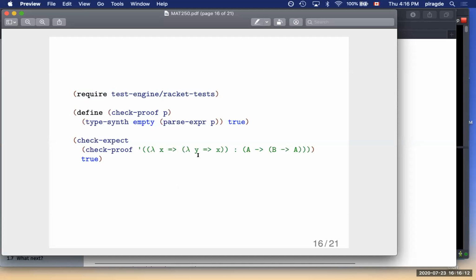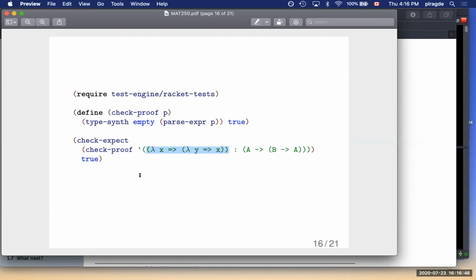Now here's a use of check-expect down at the bottom of the slide. I want you to focus on this S-expression in green. It's an annotated term. On the left is an expression, and it's lambda x dot lambda y dot x expressed in Proust syntax. And on the right is its type, A implies B implies A. What we want to do is check that this is a proof of A implies B implies A. How do we do that?